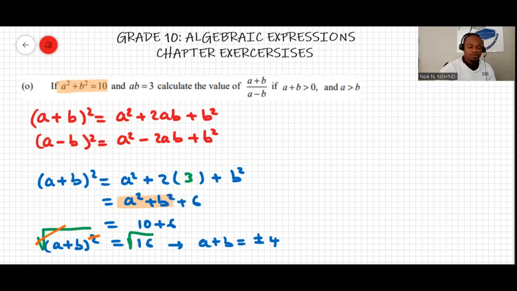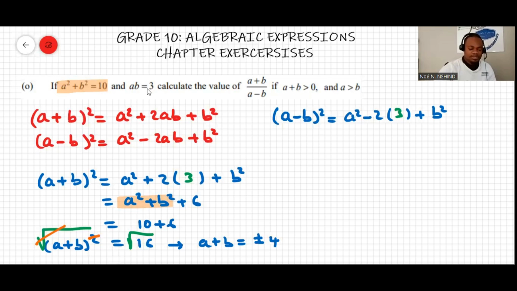Now a similar thing we do with a minus b raised to the power of 2 equal to a squared minus 2ab plus b squared. ab is given to be equal to 3. It's given here in the question.